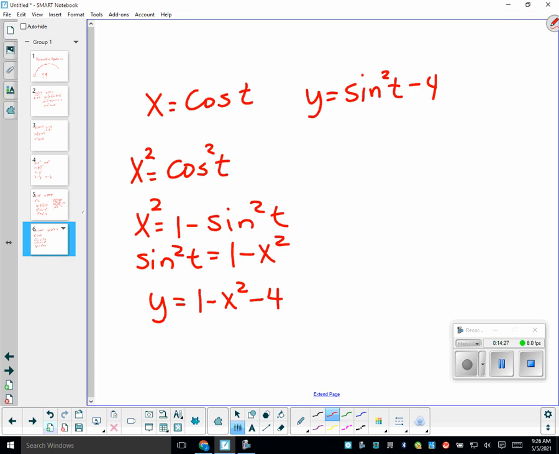What would it be if I graphed it? Anybody know? A parabola. Could it be a line? No. A line doesn't have x squared, like y equals mx plus b. That's a line. Are we good with this? That's the hardest.